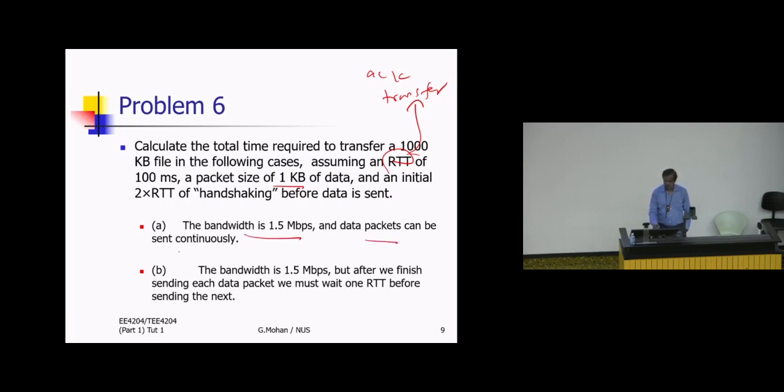Data packets are sent continuously, back to back. That is packet 1, packet 2, packet 3, packet 4. It doesn't wait for any acknowledgement. Because it talks about RTT, the acknowledgement happens only at the end.